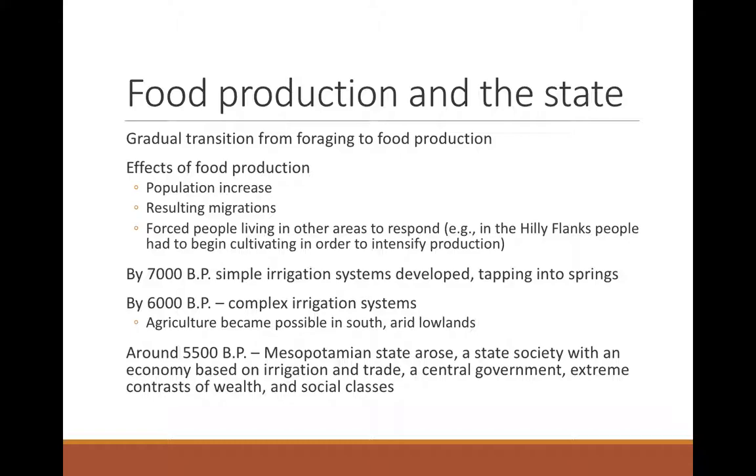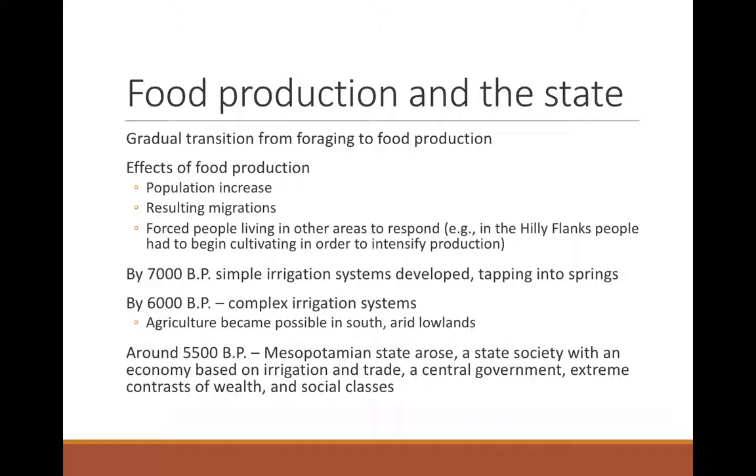When populations increase, you've got a couple of options. You can fight to the death, right? You can migrate out. And so one of the effects of food production and these population increases are increased migrations. And of course, when people migrate, they not only take themselves and their belongings, but they also take the knowledge that they've built up.